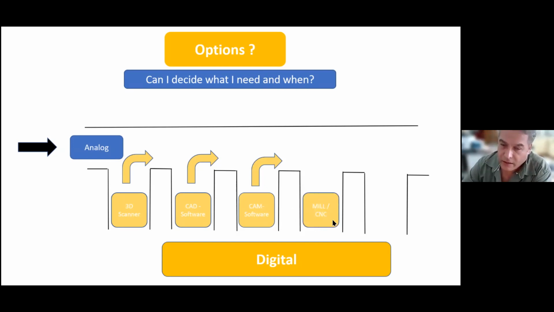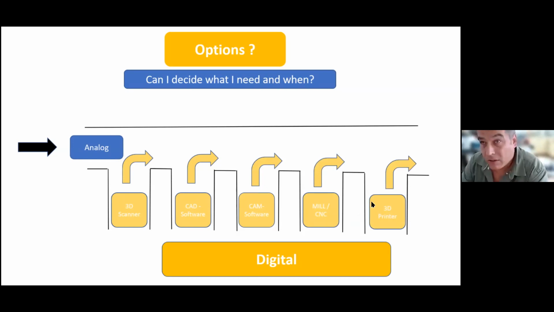The next step would be the milling, the CNC unit, and of course maybe also a 3D printer. 3D printing is quite new, or let's say not new at all, but in the dental field it's becoming more and more popular in the last years. So actually the question, can we decide what we need and when? Yes, we can do that.